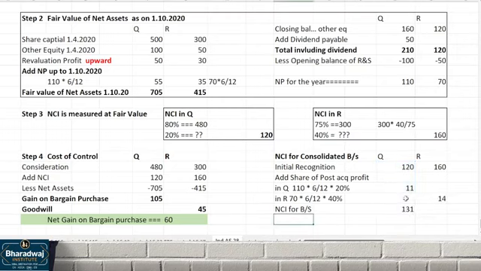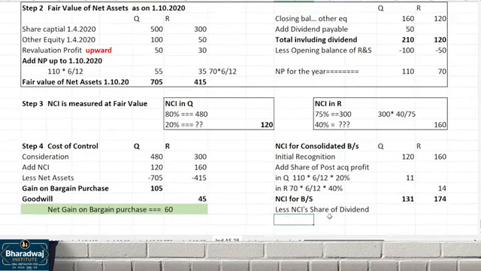Is there any dividend payable? Any dividend payable? Okay, less NCI's share of dividend. How much dividend share will it be? Look at the 50 in Q. What percentage of 50? 20%, because that will be eliminated and only the net amount will be shown.